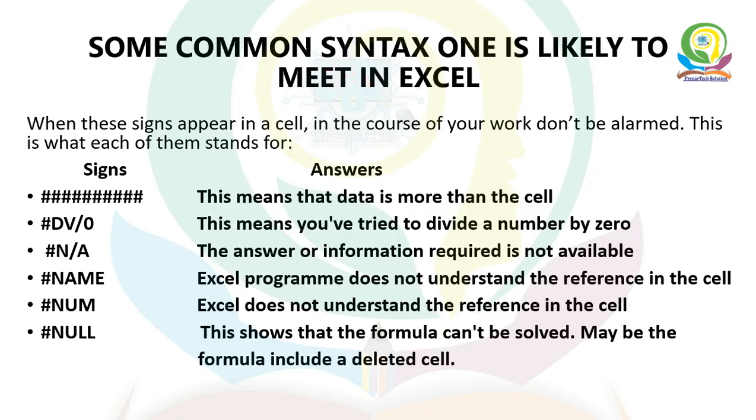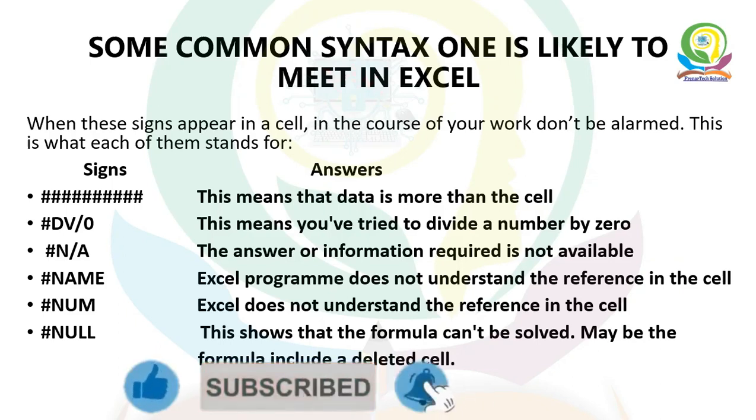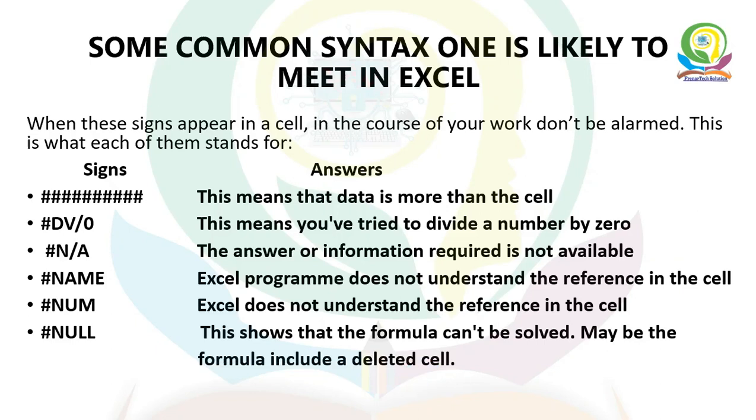So let's go to the first one, which is the hash. Sometimes you see plenty of hash signs filling your cell. This means that the data is more than the cell can hold. When you have a long number, especially when you are trying to divide something and it is 72.66677 and continues along and can't go inside there, it means the space is too small for that particular number.